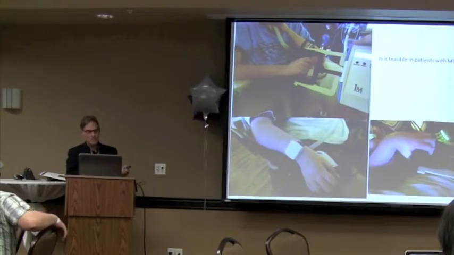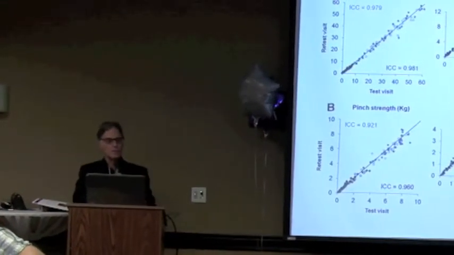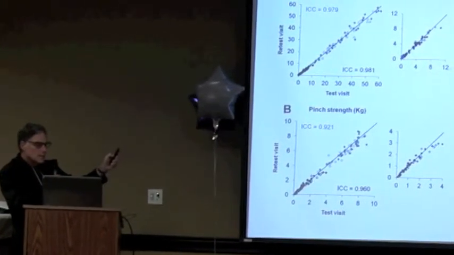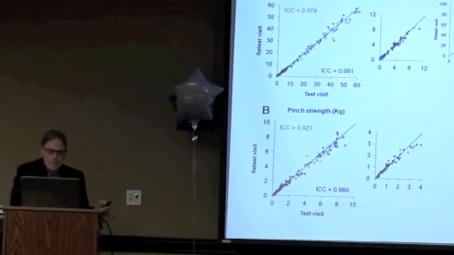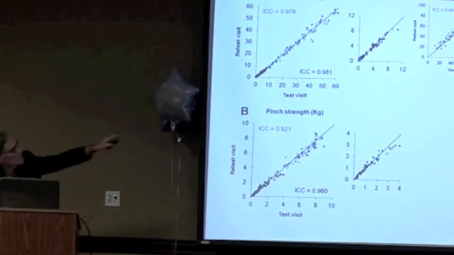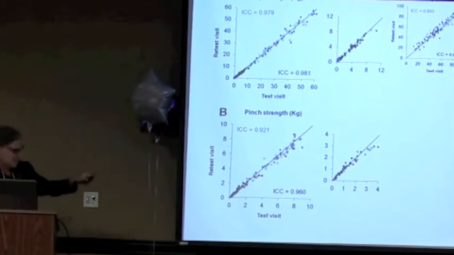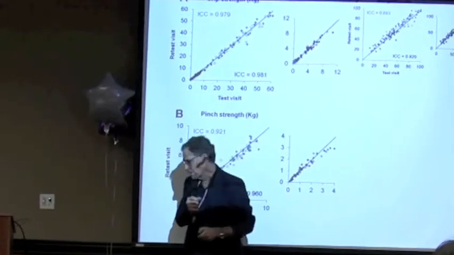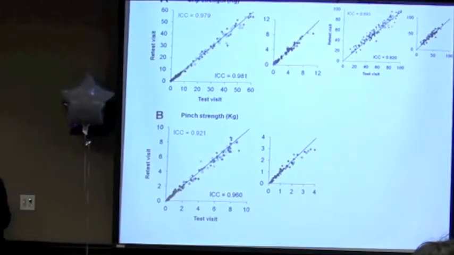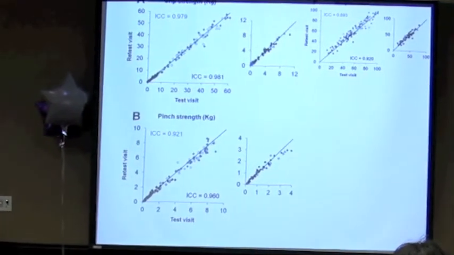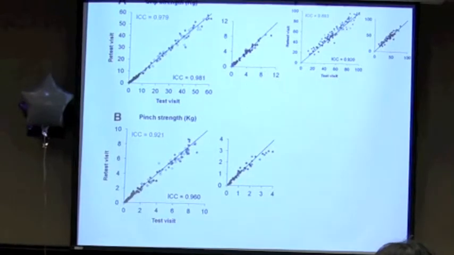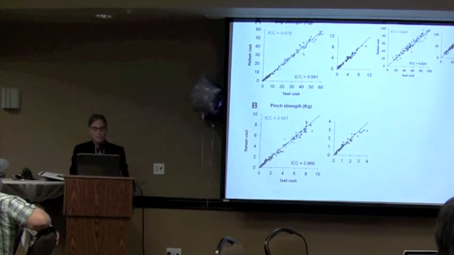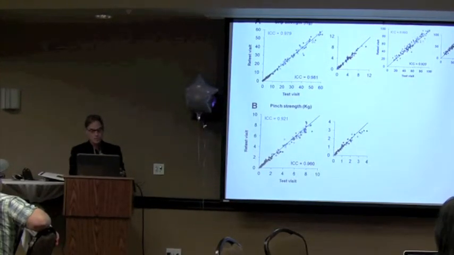You may not be able to see the results here, but first of all, in terms of grip strength, in the upper left-hand corner, you probably can't see the little blue stars on the middle one on top, but way up here we're seeing the performance of a couple of the patients who tried this, and sure enough we're getting pretty good retest results. They're falling right on that line. So it's beginning to look like that's going to be useful.